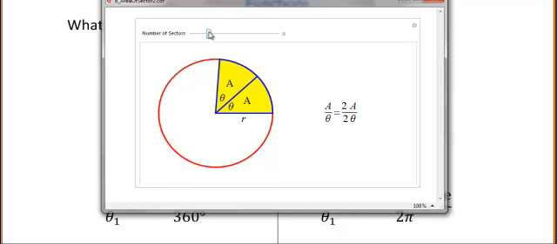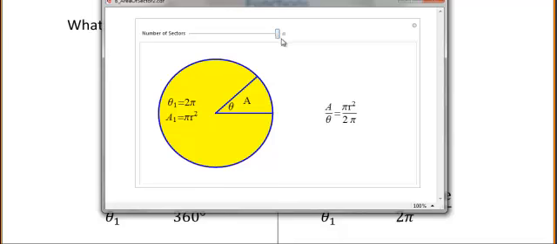If I would triple the size of the central angle, I'd triple the size of the area, the 3's would cancel, and I'd still have the same ratio of area to the size of the central angle, and we could keep on going if I quadrupled, if I quintupled, and so on. And so the point is that the area to the central angle is a constant ratio, no matter how big that central angle is. So what we want to do is take a specific thing.